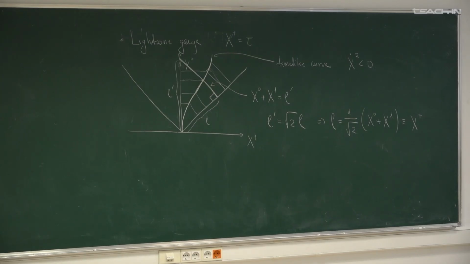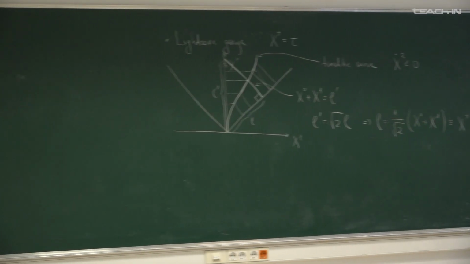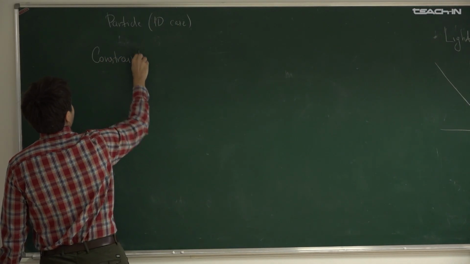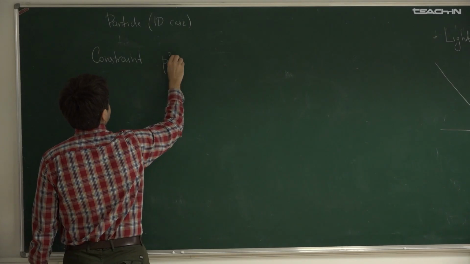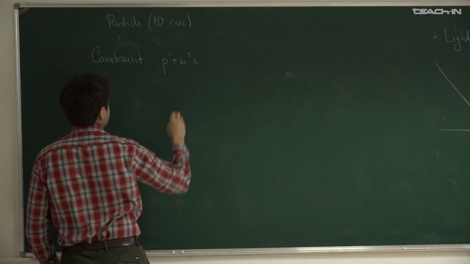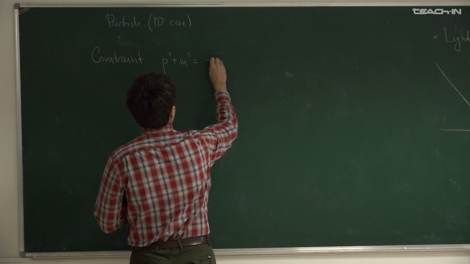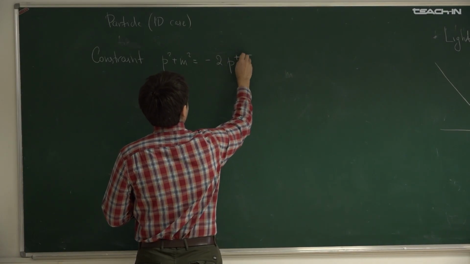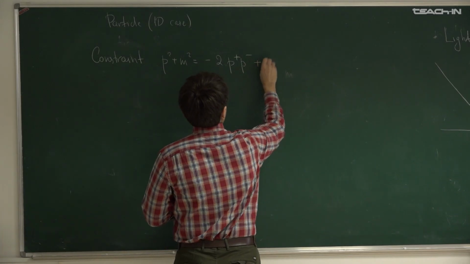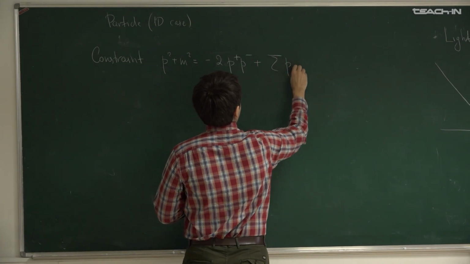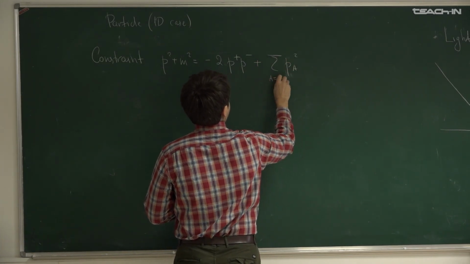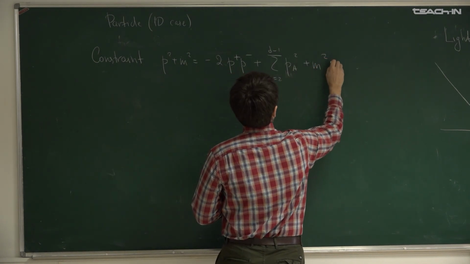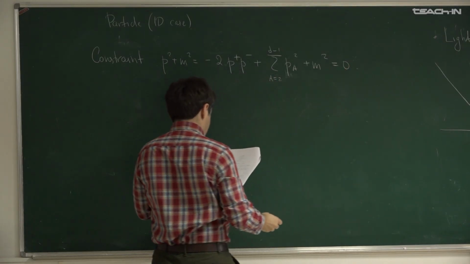So the point is that we still have the same constraint: P squared plus m squared, so this is minus 2 p plus p minus plus m squared equals 0.